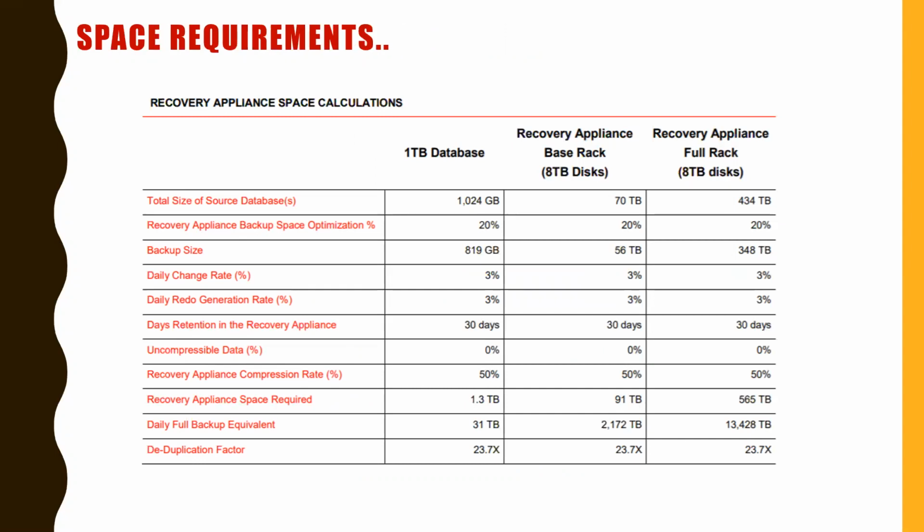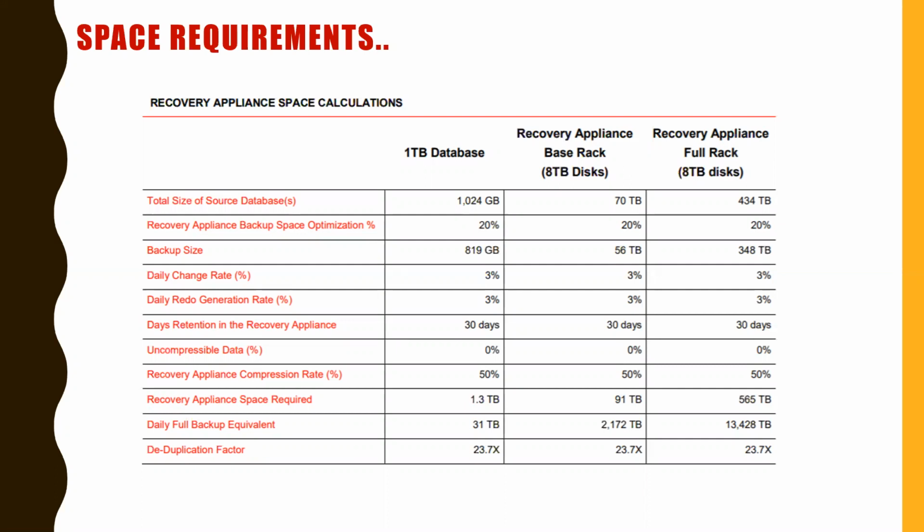So here are some of the space requirements from the Exadata, engineering system point of view: how the storage nodes should be, what kind of racks are available on the appliance, and how much disk space we need to have. We need to make sure that for non-prod we don't need to use a full rack, right?